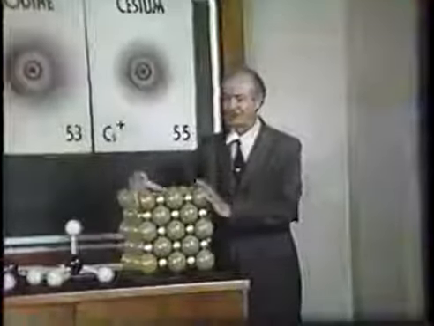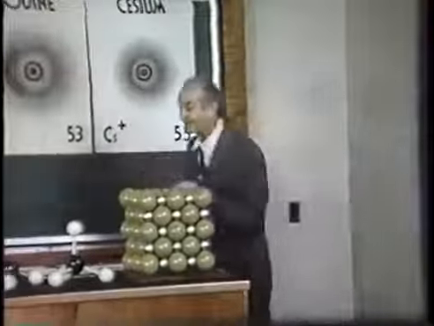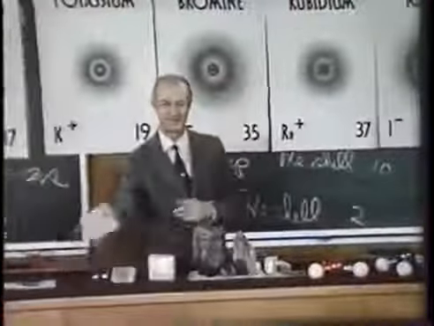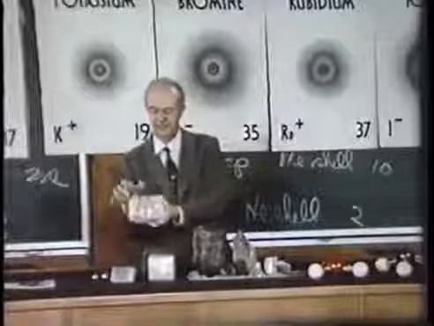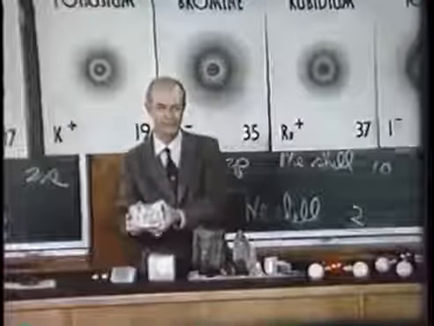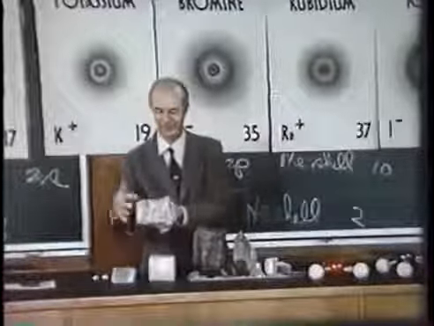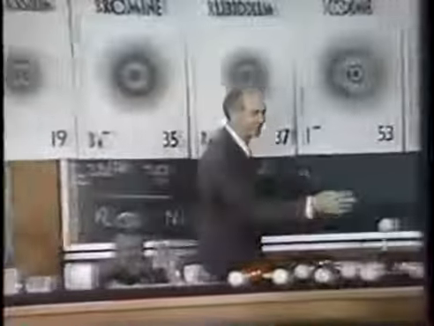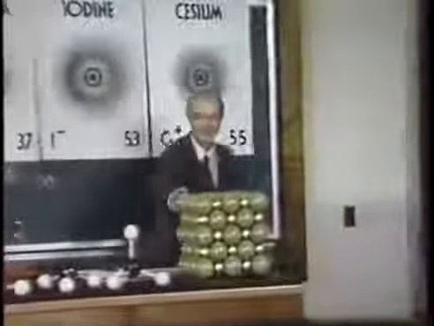If we wanted to make this model represent the structure of the crystal of sodium chloride, this one, we would have to continue it on until it was about 3 times the diameter of the Earth. That is, its volume would be about 27 times that of the Earth if the atoms were this big.